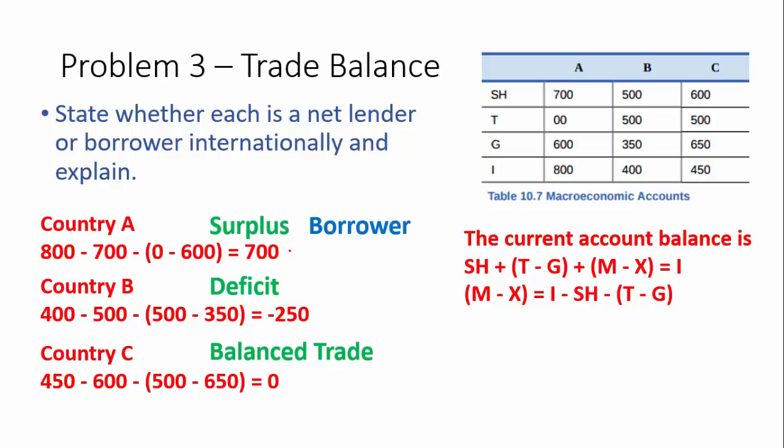Country B, where we have a trade deficit, is actually lending. We're a lender to the rest of the world, lending them our wealth, so to speak. And C is neither, it's just balanced. It's neither a borrower nor a lender.